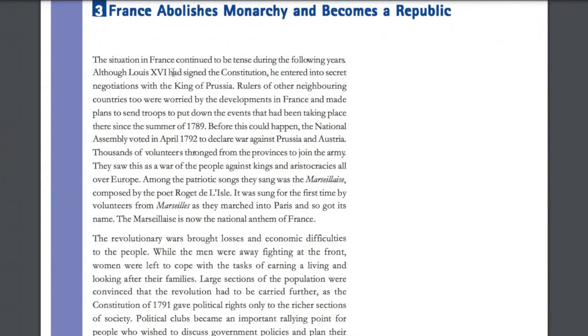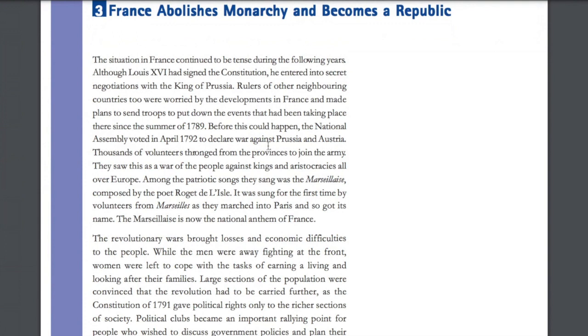As we know, Louis XVI of France got into secret negotiations with the King of Prussia to bring back his power. He wanted the King of Prussia to attack France so that he could remove the constitutional monarchy and come back into whole power.